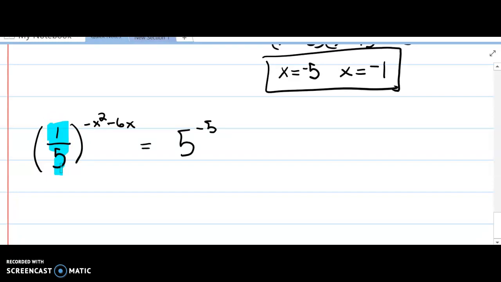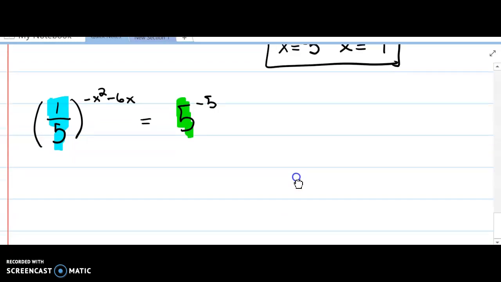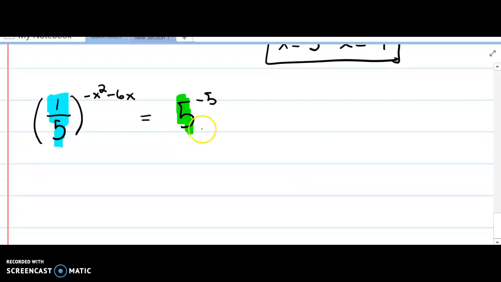But you could have thought, well, can't I change this one right here? So let's try doing it the other way. Let's try changing the 5 to the negative 5th to a base of 1/5 and see if we get the same answer. So I can rewrite this 5 to the negative 5th as 1/5 to the 5th. Making it not negative, and I flipped it.